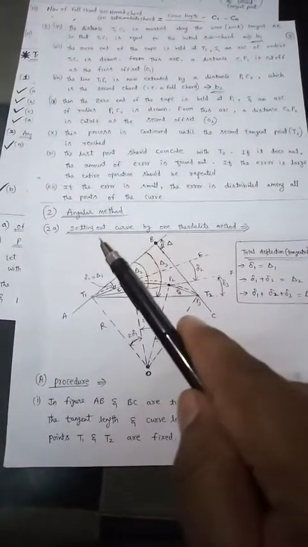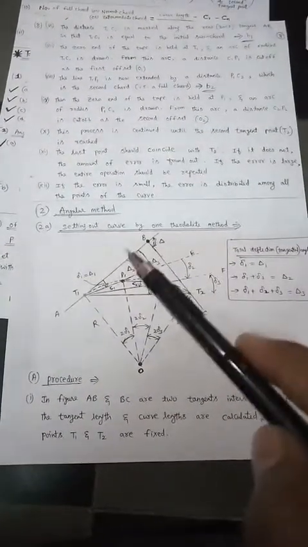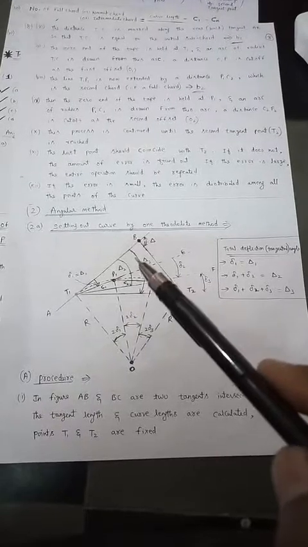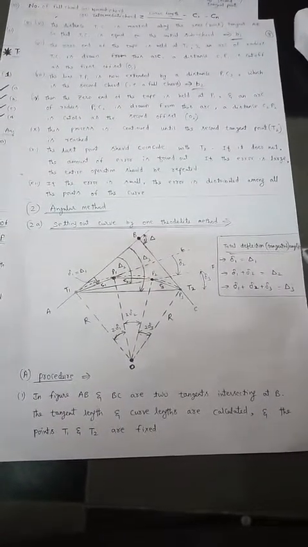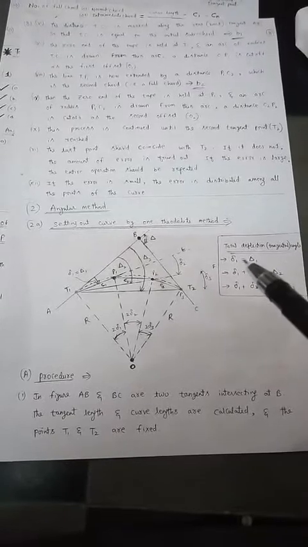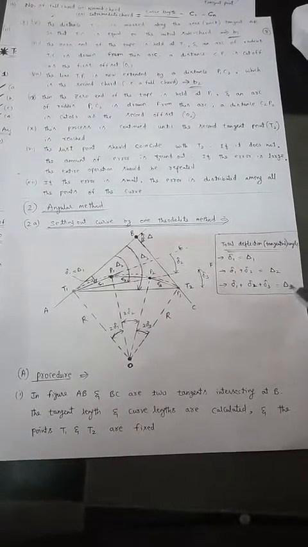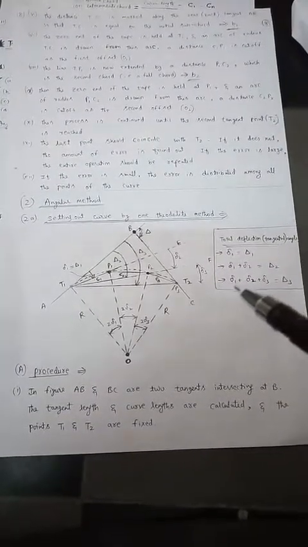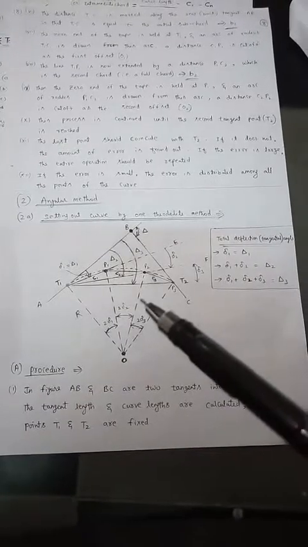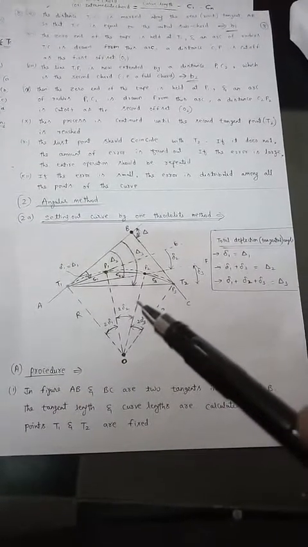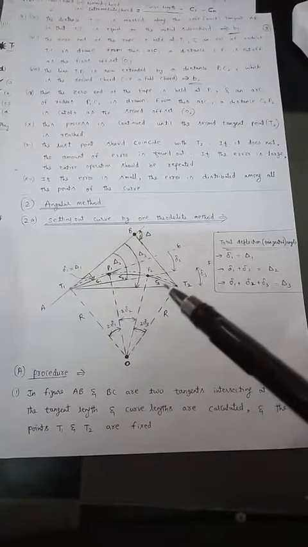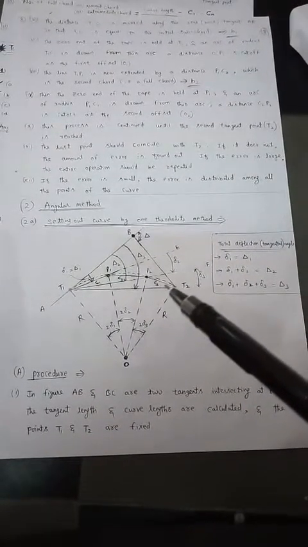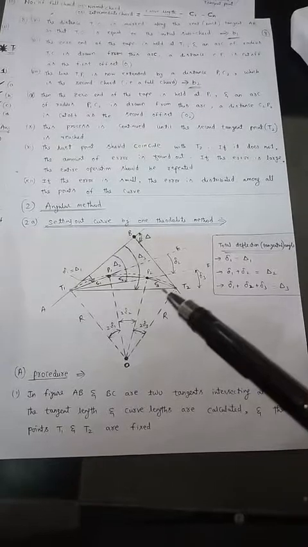Let's start. In the angular method, the first part is setting out a curve by the one theodolite method. Before starting the field work, you have to be ready with the tangential angles, delta 1, delta 2, delta 3, which should be calculated beforehand. Also the initial subchord, normal subchord and final subchord lengths should be ready before starting the field work.